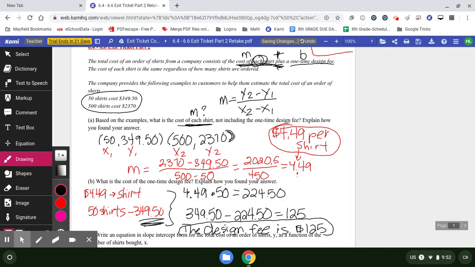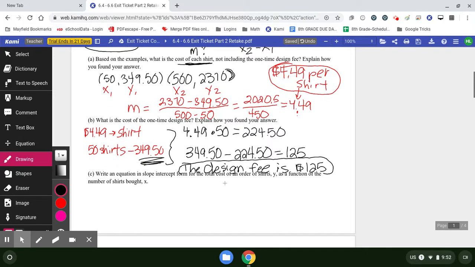Write an equation in slope-intercept form for the total cost of an order of shirts, y, as a function of the number of shirts, x. So they told me what I need to use. And I'm using y and x, so y equals mx plus b. I already found above my m and my b.